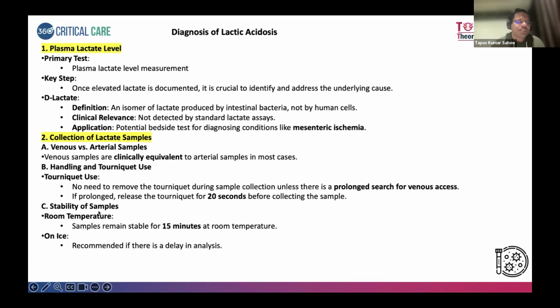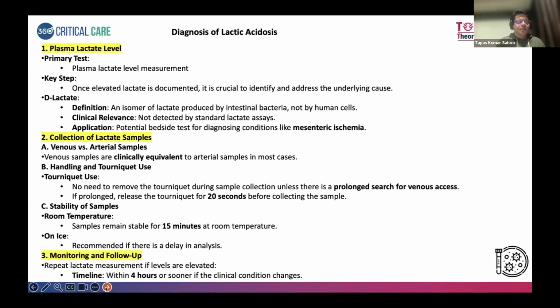Now, the samples normally remain stable for 15 minutes at room temperature. And on ice, if you are sending your blood sample for lactate determination or assay, and you are expecting delay in your analysis, definitely you can send your blood sample on ice.